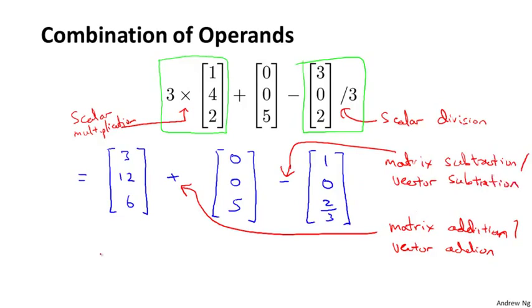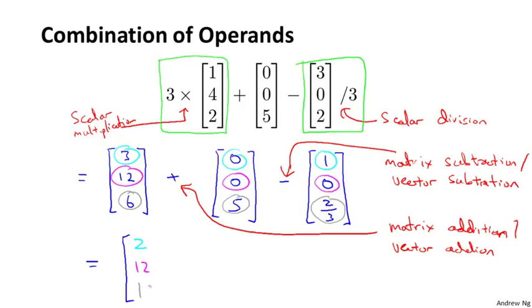And finally, to wrap this up, this gives me a vector whose first element is going to be 3 plus 0 minus 1. So that's 3 minus 1, which is 2. The second element is 12 plus 0 minus 0, which is 12. And the third element is 6 plus 5 minus 2/3, which is 11 minus 2/3, so that's 10 and 1/3.